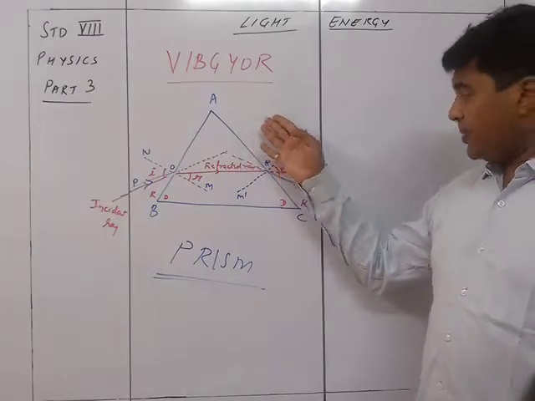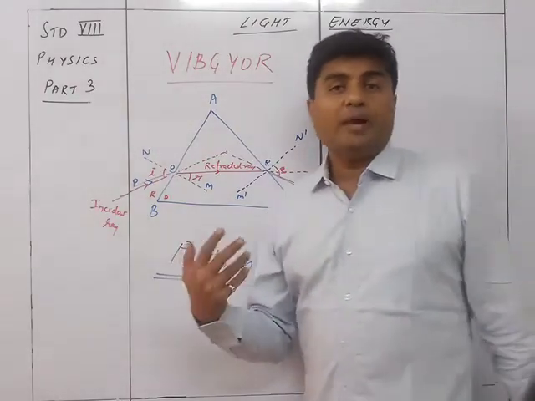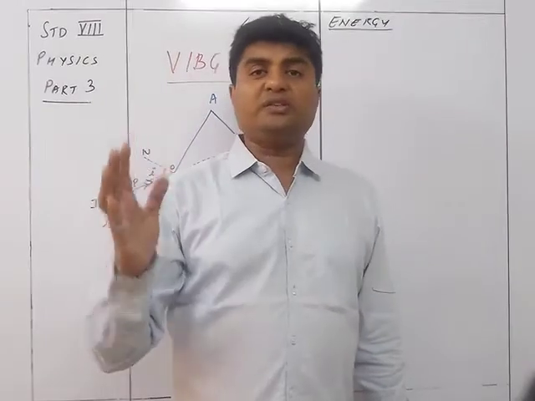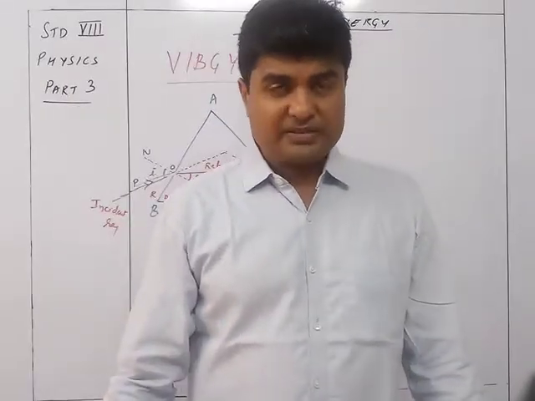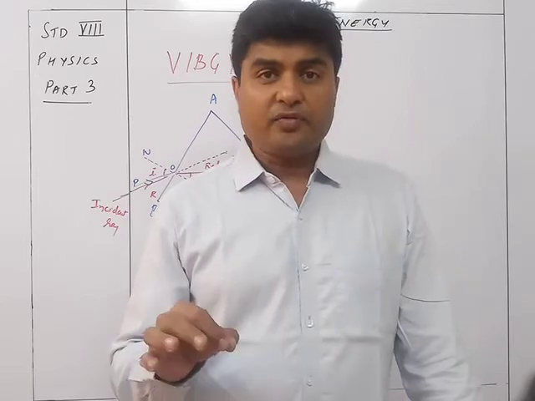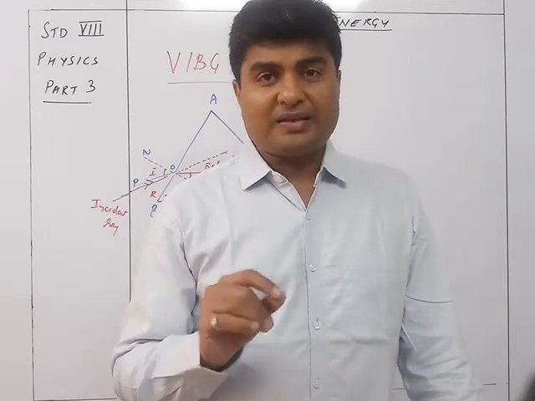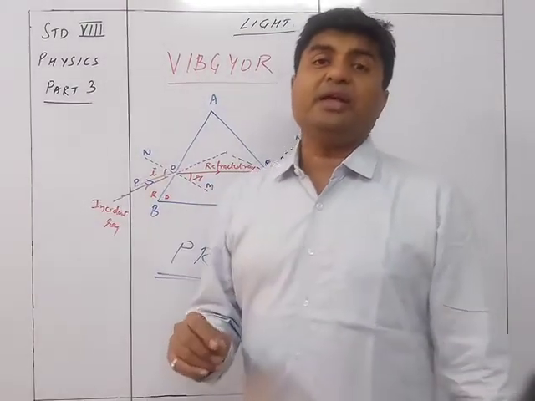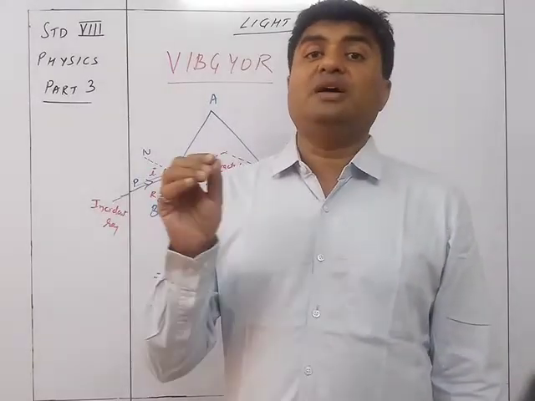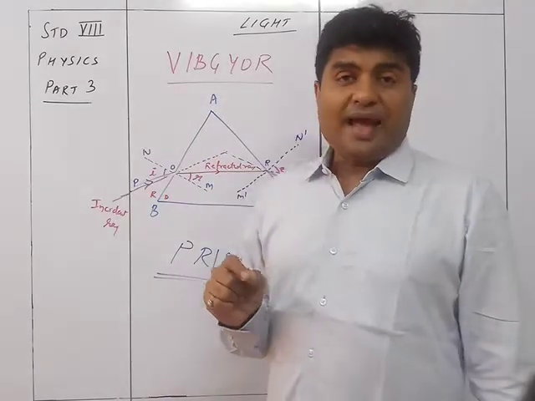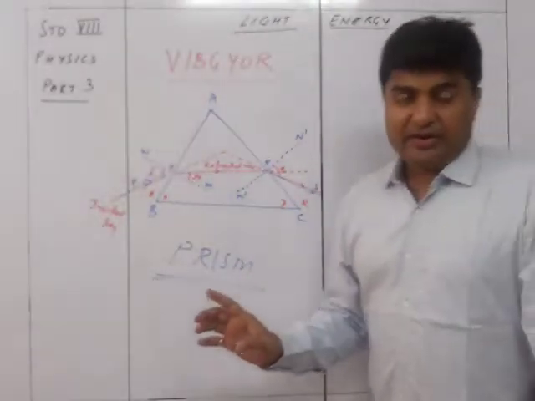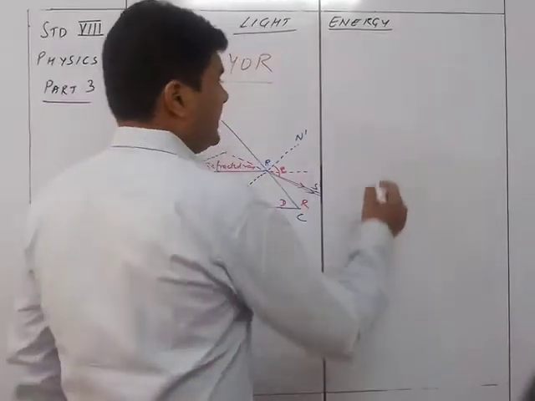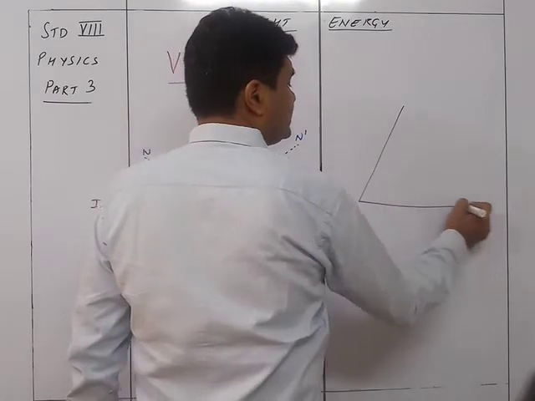What was going to go like this also bent and went like this. But all the 7 colors do not have the same angle with which they bend towards the base. In case of a prism, whenever the ray of light passes through the prism, depending upon the color of the light which is passing through, the angle through which it is going to get deviated is going to be different.